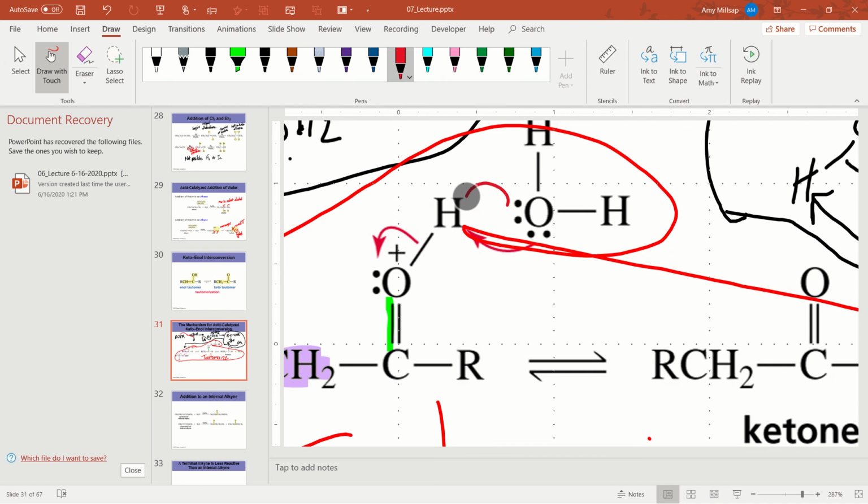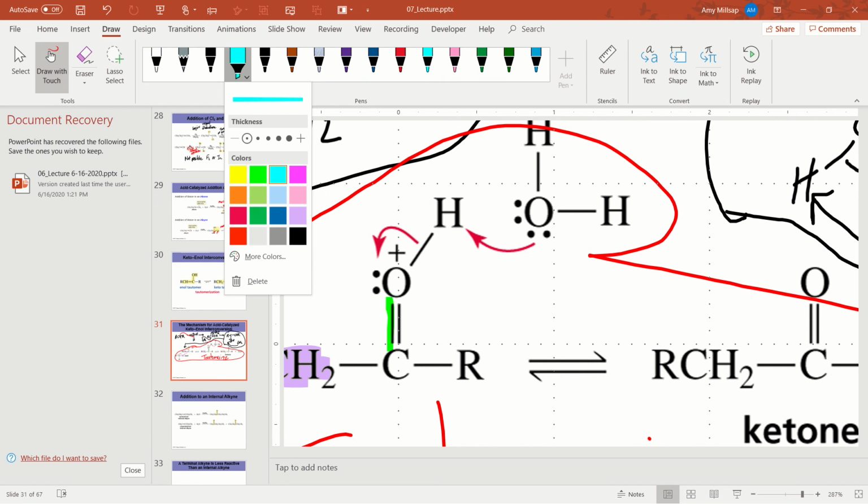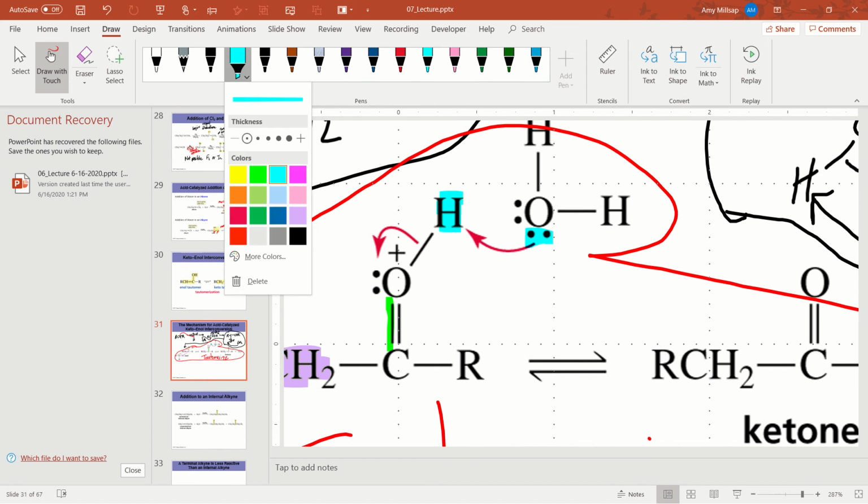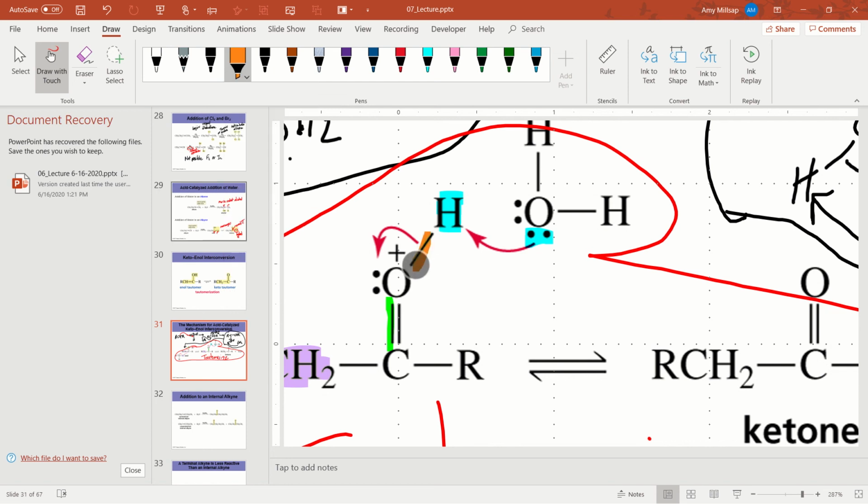The water molecule picked up, using these electrons, picked up this hydrogen, and then we sent this sigma bond to be a lone pair on the oxygen.